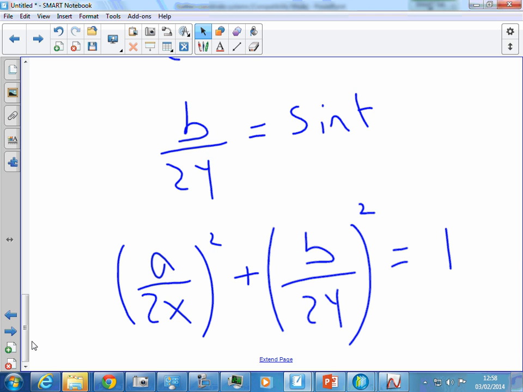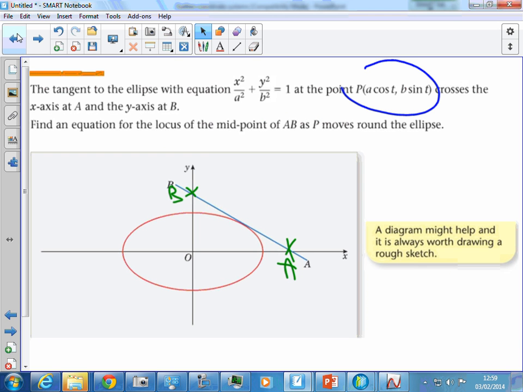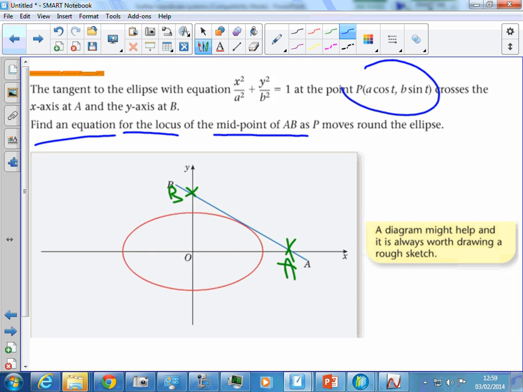So if we go back to the question, find an equation not of the tangent, because we can work out the equation of the tangent easily, can't we? But for the locus of the midpoint AB as P moves around the ellipse. So we're not looking for the equation of the tangent. That's very straightforward.